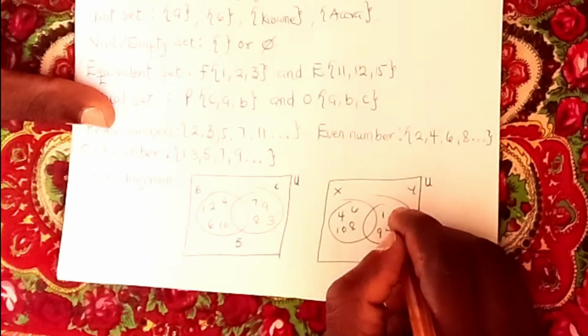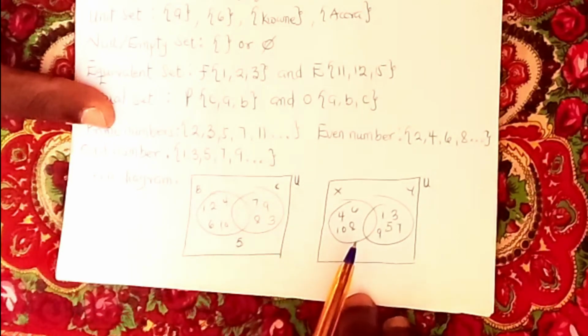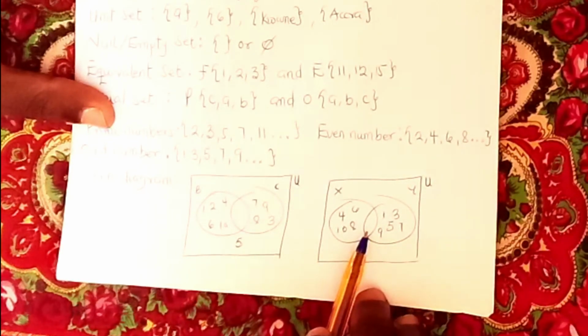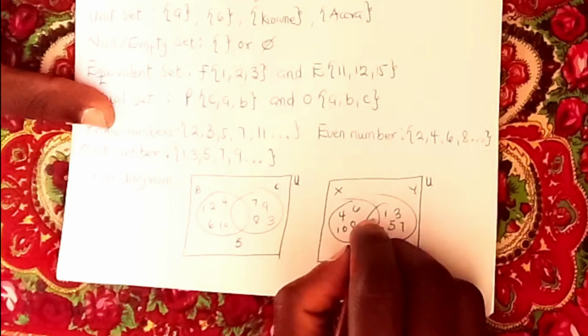You are wondering why I didn't write the element 2. Since 2 can be found in both X and Y, that is the intersection. The intersection will be written in this side where both circles meet. Therefore, the intersection here is 2.